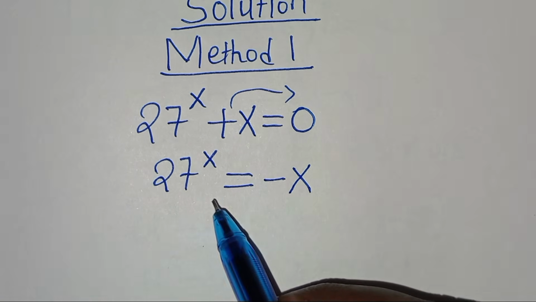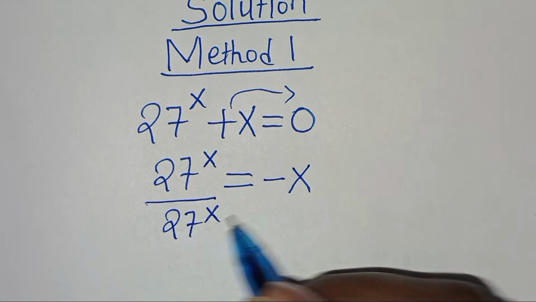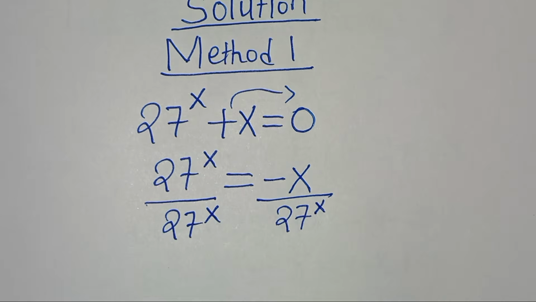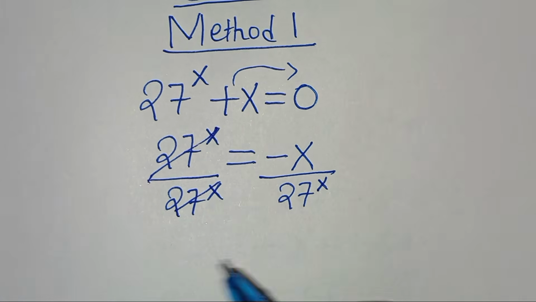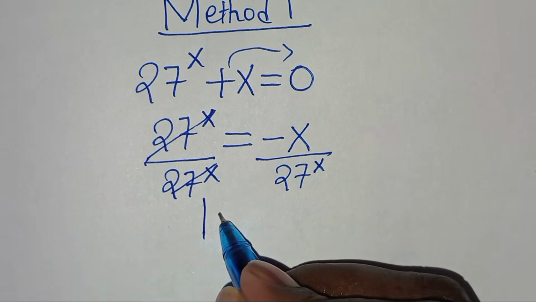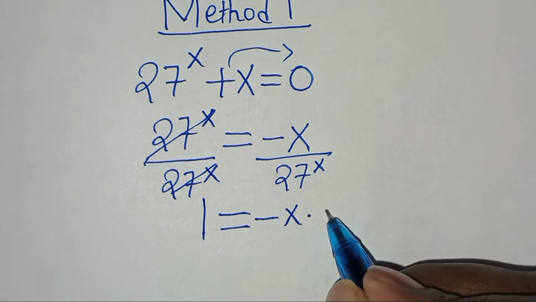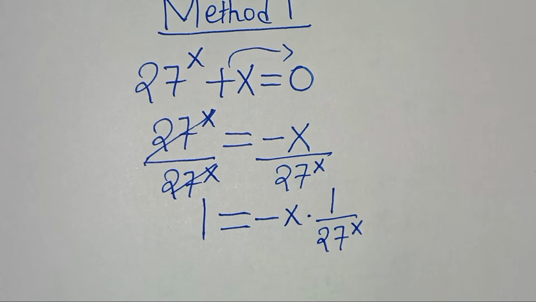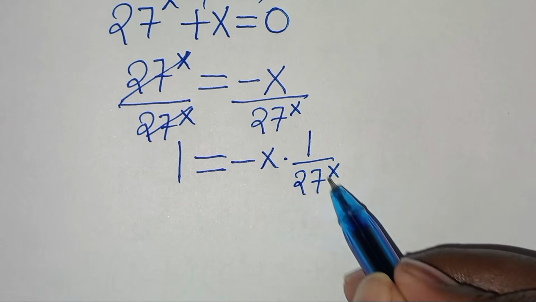The next step from here, we can divide both sides by 27 to the power of x. So let's simplify: 27 to the power of x divided by 27 to the power of x is 1, which is equal to minus x times 1 over 27 to the power of x.